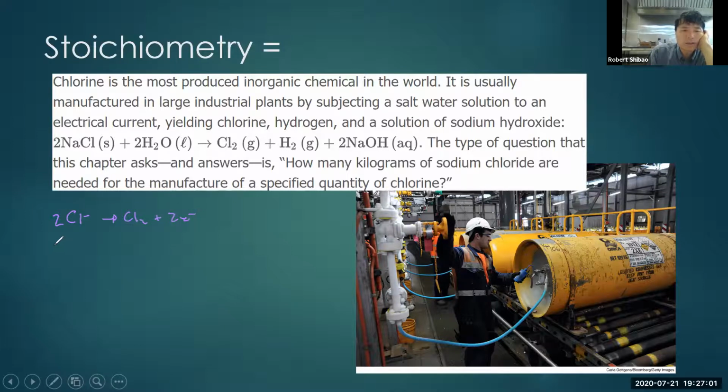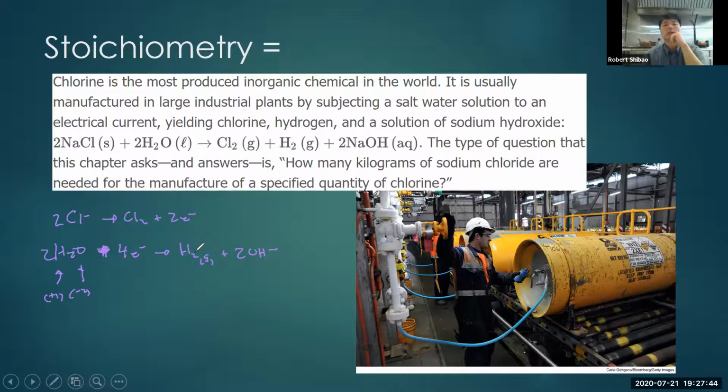When water acts as the oxidizing agent, the H's are picking up the electrons. H is +1, O is -2. And so it's going to be 2 H2O's plus 4 electrons yields H2 gas plus 2 hydroxides. I just copied that off the chart here.